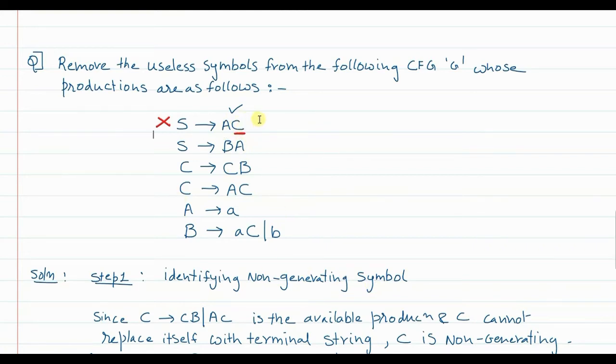Usually, when you club these two things together, the cascading tells you that the actual start production is S gives AC or BA. So I am just removing one term of the production, and the other part will remain.